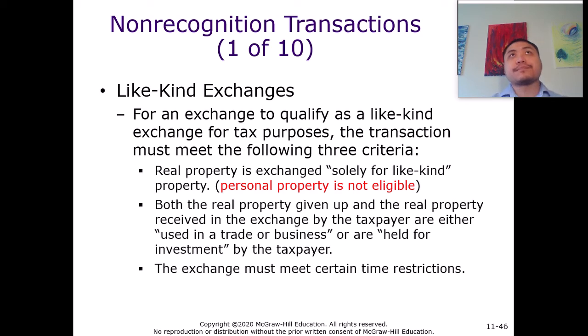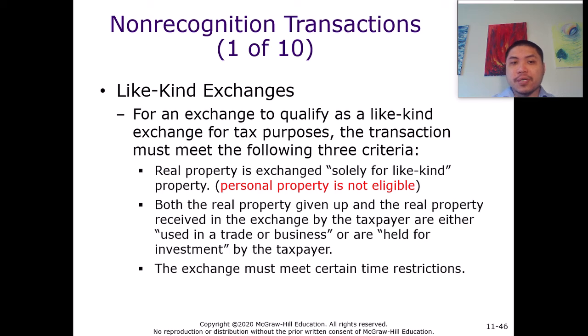And another scenario is when the taxpayers have an installment sale, meaning they don't receive all the cash that they are promised right at the moment of the transaction, and they have to wait for a long period of time until they can receive all of the proceeds from the transaction.